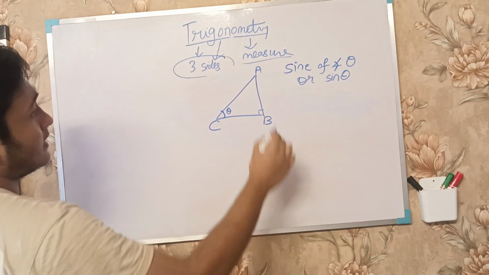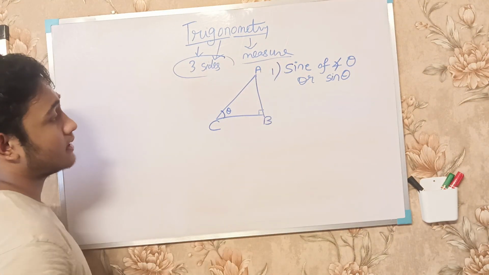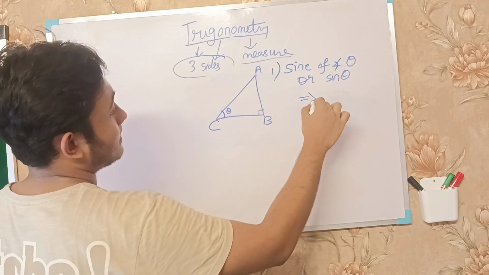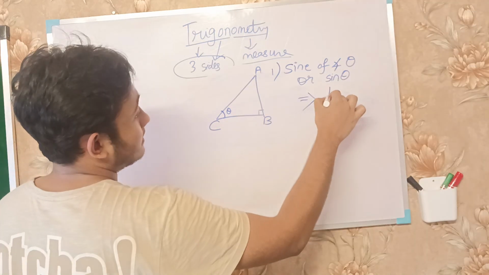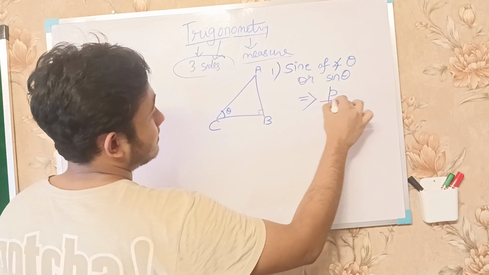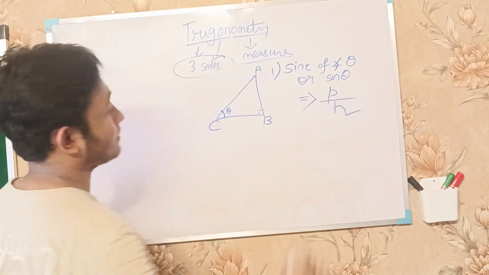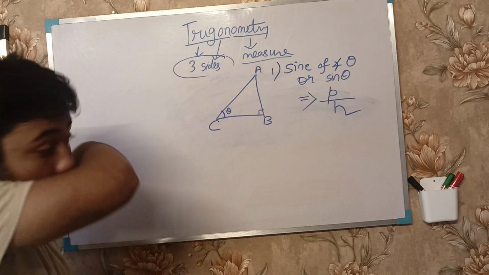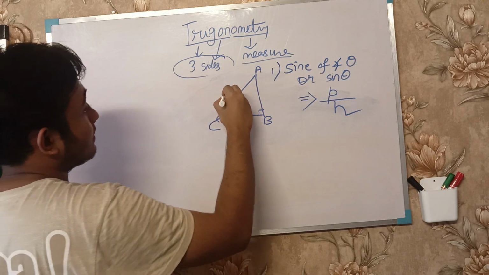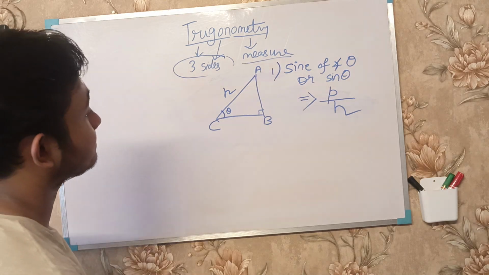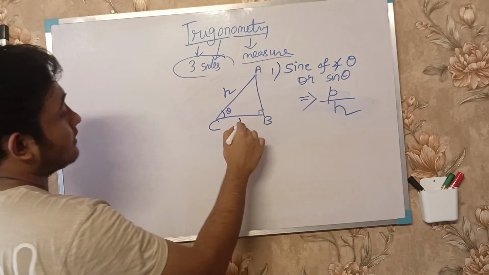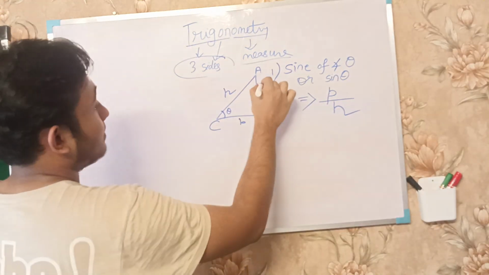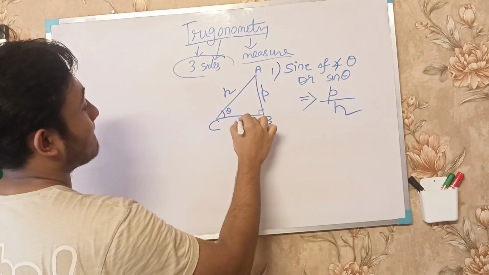So what is sine theta? Sine theta is the perpendicular by the hypotenuse. For this triangle ABC, our hypotenuse is AC, our base is BC, and our perpendicular is AB.